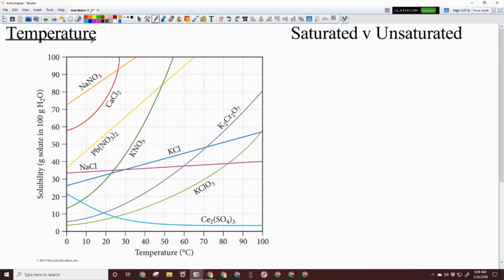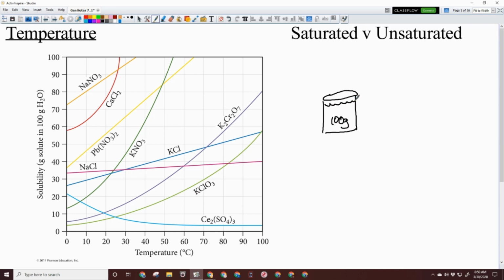So here is a graph, and let's look at the X and Y axis. Let's analyze this. So the X axis is solubility, and this is grams of the solute per 100 grams of water. So if you take a beaker that has 100 grams of water in it, and this is what they did to get this chart.